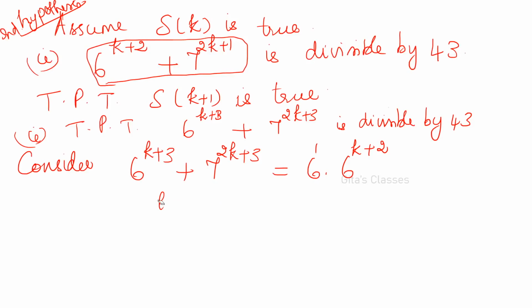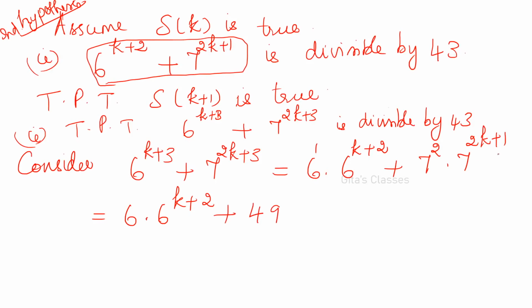In the second term, I want 7 power 2k plus 1, so 7 squared into 7 power 2k plus 1, since I have 2k plus 3. So 7 squared I am taking outside. That is equal to 6 into 6 power k plus 2 plus 49 into 7 power 2k plus 1. This 49 I am going to split as 6 plus 43.